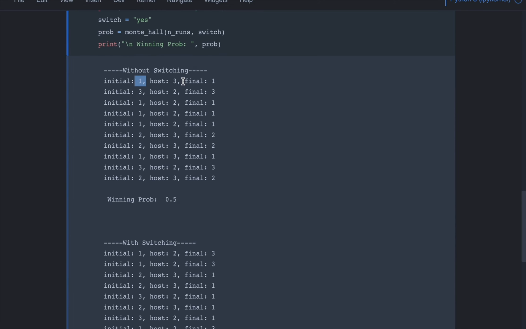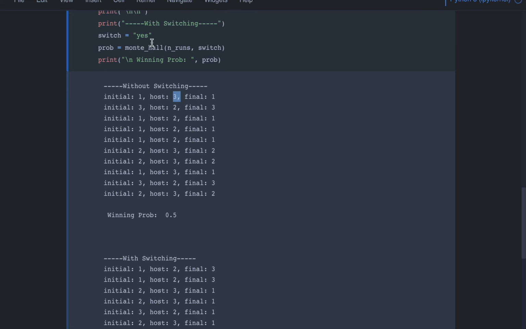So the host picked door number 3 and asked you, hey, do you want to stick with door number 1 or do you want to switch to door number 2? Because in this case, we are not switching, you stick to your initial guess, which is door number 1, right?